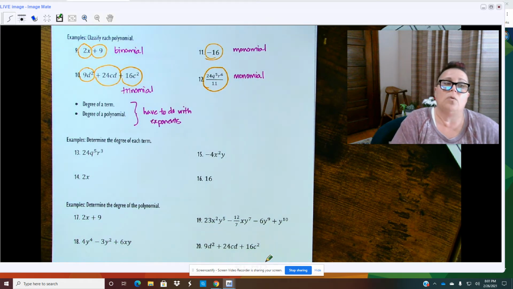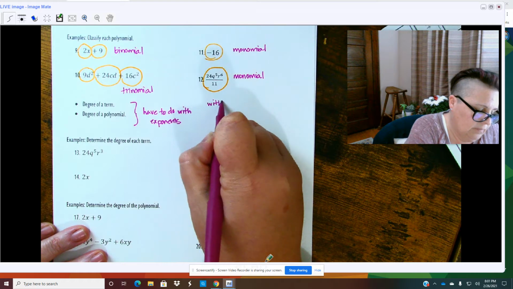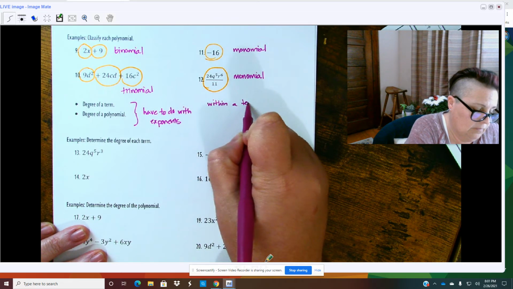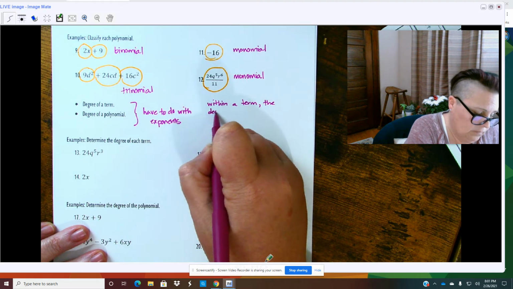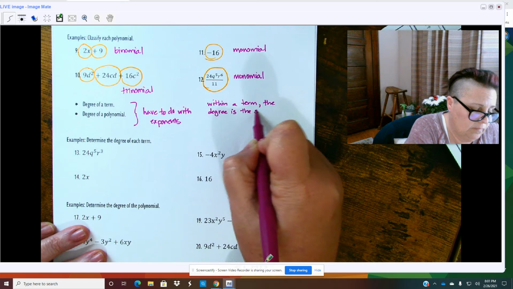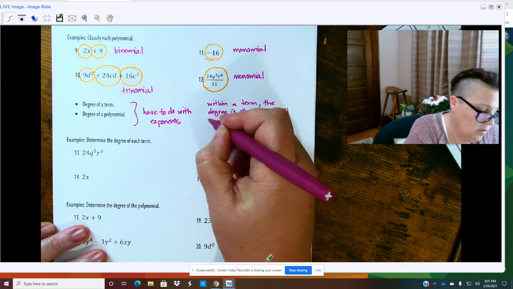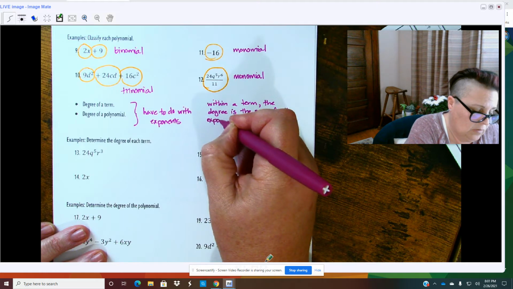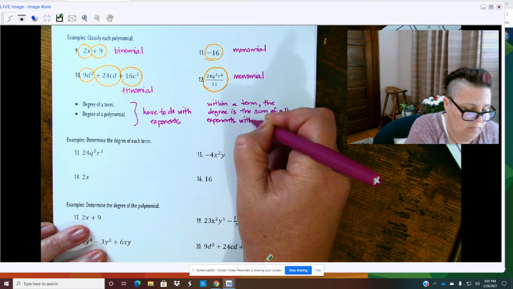Within a term, the degree of the term is the sum of all powers or all exponents within that term.